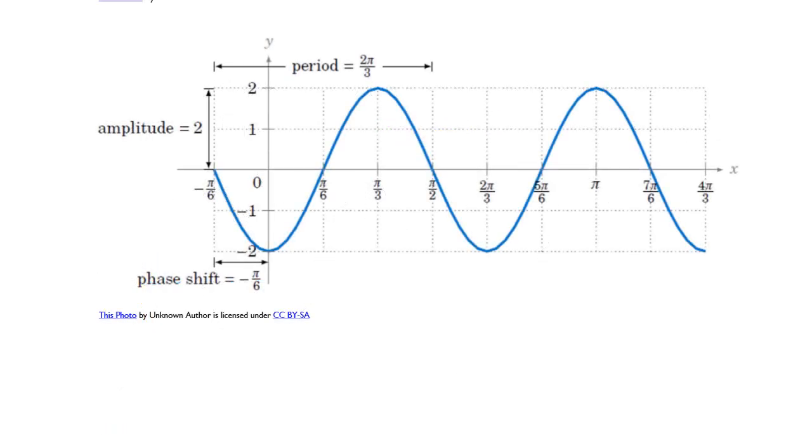In this next example, we have a little more clarification on the period, where it's defined, how long it is, the amplitude, all that stuff is given to us.